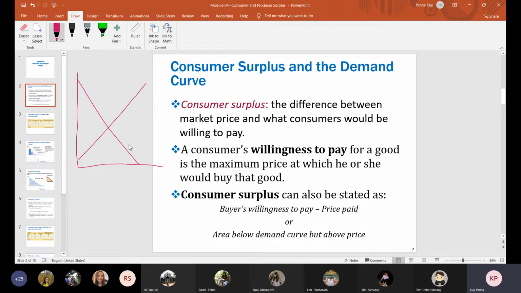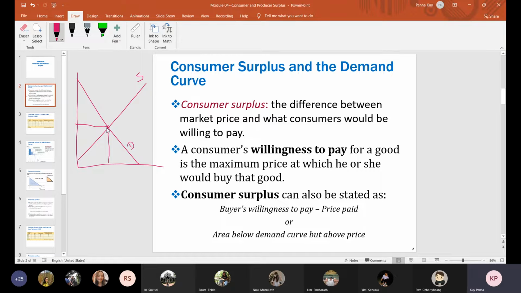The demand curve is defined as the willingness and affordability of the buyer. Some people who are willing to pay a higher price than the equilibrium price will gain from this, right?